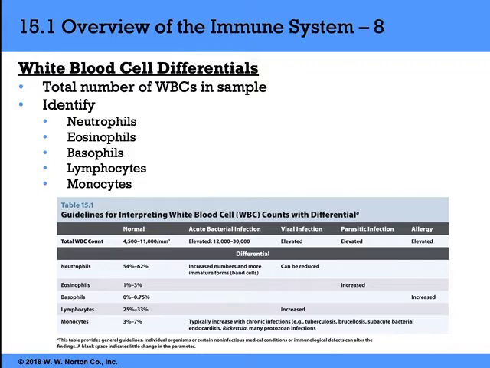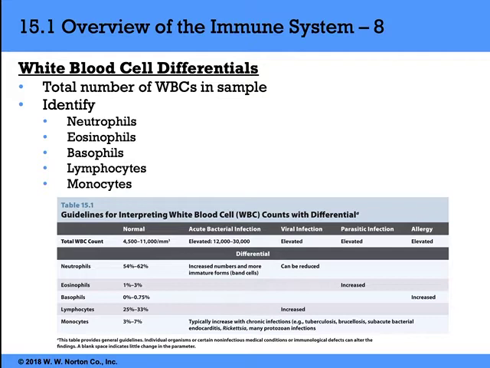Okay, and what he's looking at here are just the total number of cells in a drop of blood, and he wants to break each cell down by its class, and then see if the expected percentages match the percentages that they find when they actually count your cells. Okay, and if you've got an elevated or a depressed count of any of these classes of white blood cells, that can indicate what type of infection or what type of disease process you might be undergoing.